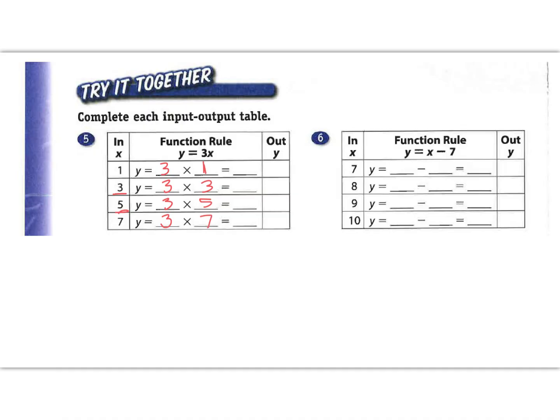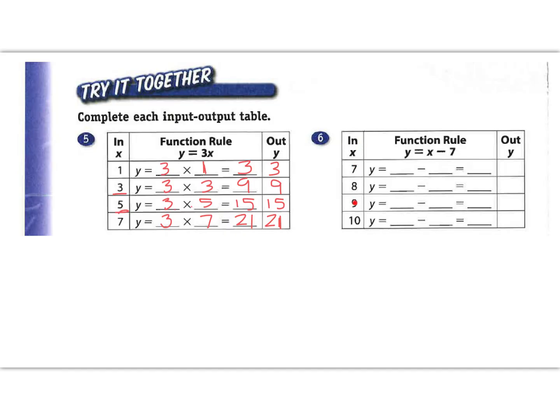So now let's solve. y equals 3 times 1 equals 3. So then our output is 3. 3 times 3 is 9, so our output is 9. 3 times 5 is 15. Our output is 15. And then 3 times 7 is 21. Output is 21.